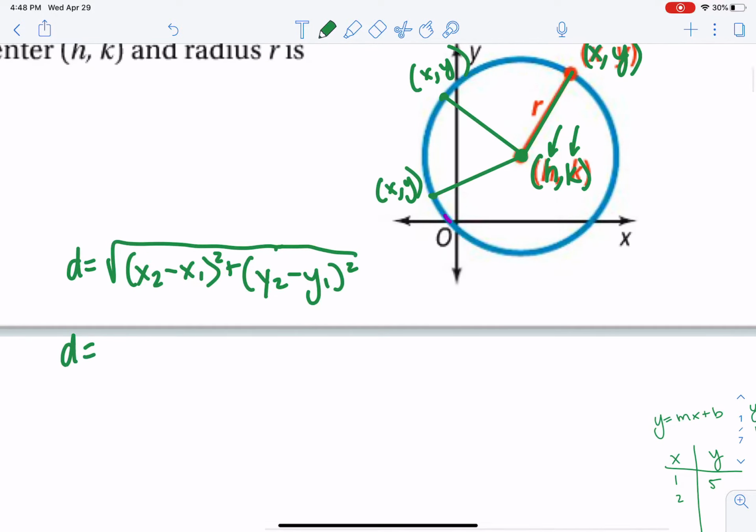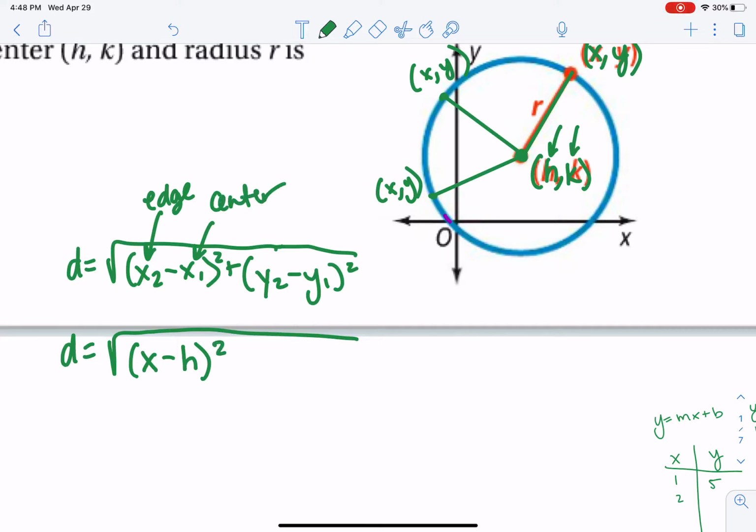So our points are, we'll call our x2 the x on the edge of the circle, and our x1 is the h, which is the center of the circle. You can still call them x2 and x1 if you want. It's just this one is on the edge of the circle, and that is the distance to the center of the circle. So we're using h and k.